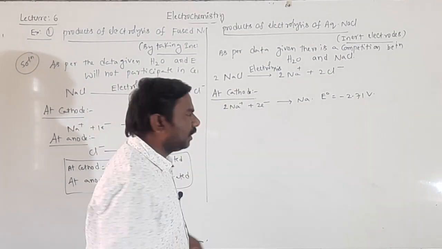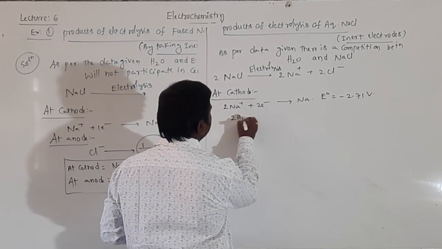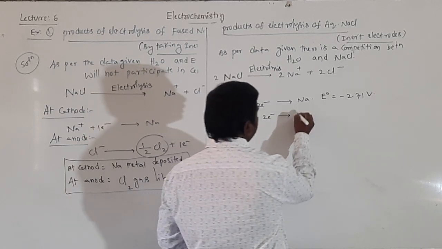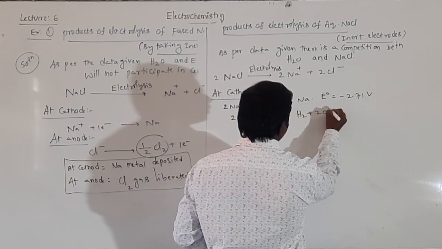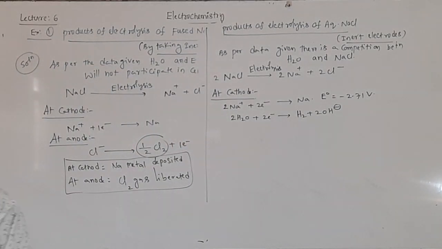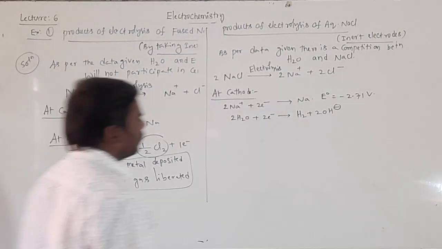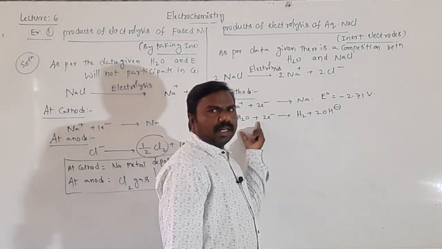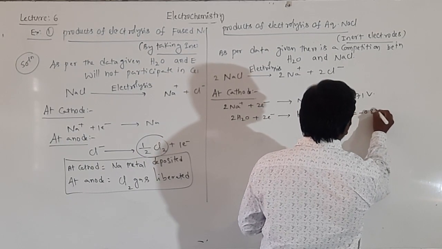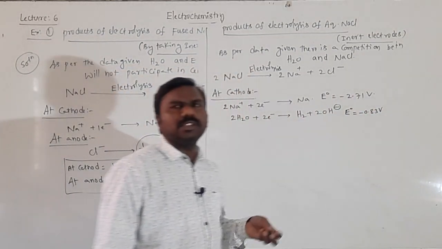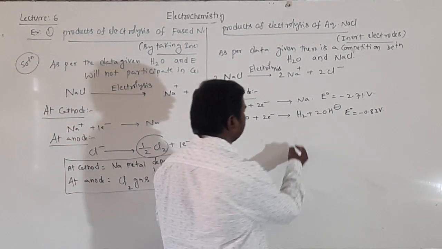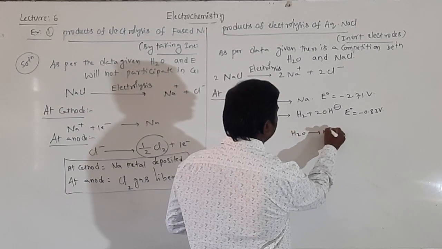Water can also undergo reduction at cathode. 2 moles of H2O gain 2 electrons, giving H2 plus 2OH minus. For this, the E naught value will be minus 0.83 volts. Actually, this reaction is taken from H2O decomposing into H plus and OH minus.